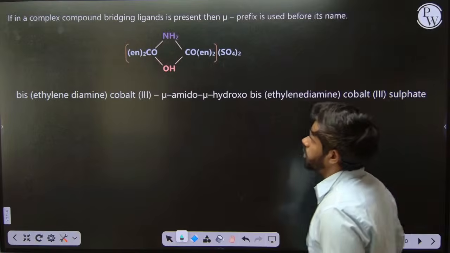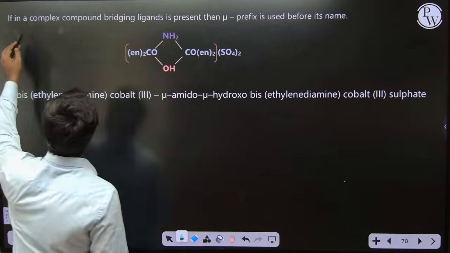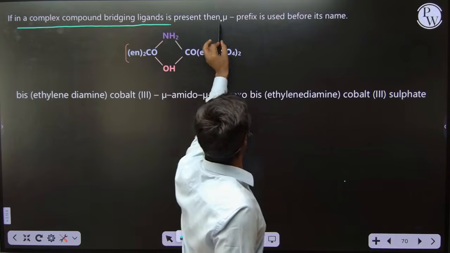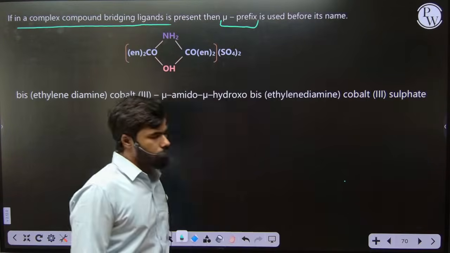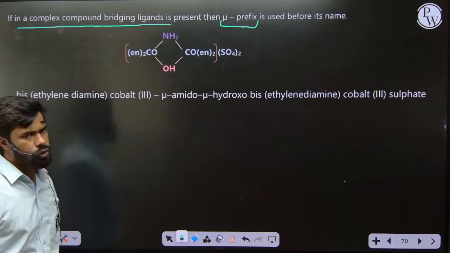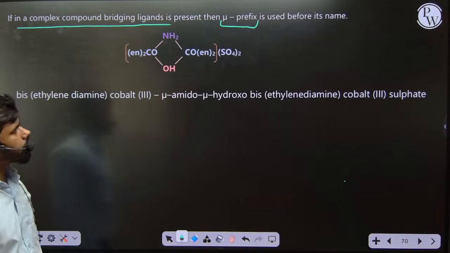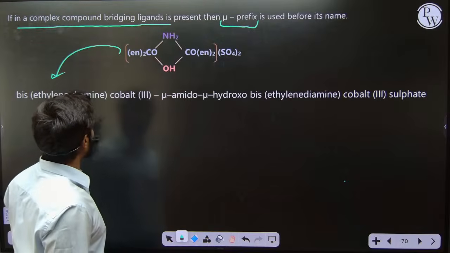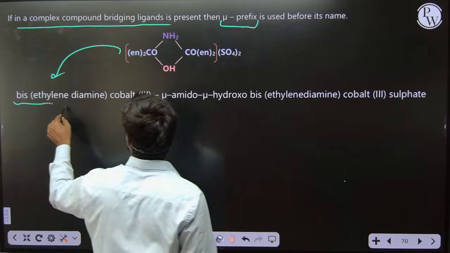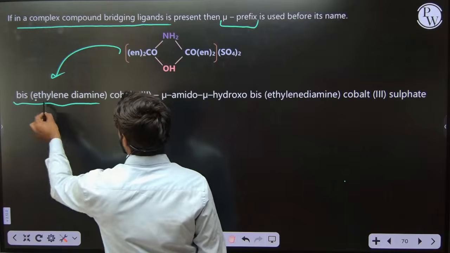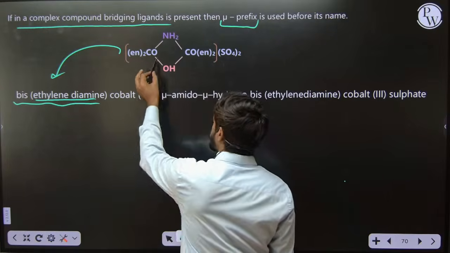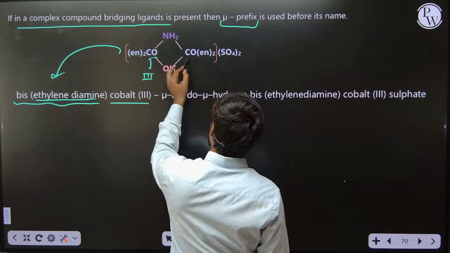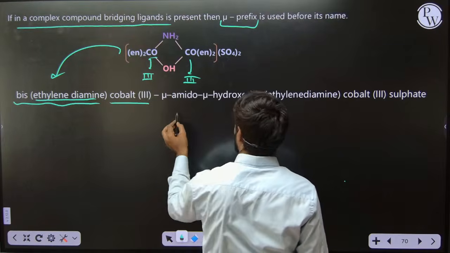The naming of complex compounds with bridging ligands: if a bridging ligand is there, then we use the prefix mu. So mu is added before the name of the ligand that is coming on the bridge. This complex is written like this: bis(ethylenediamine) cobalt, oxidation state 3, and for this also 3.